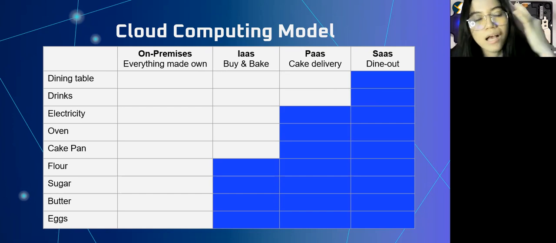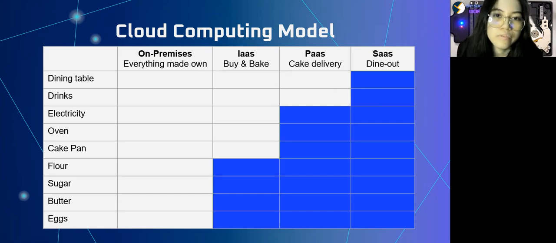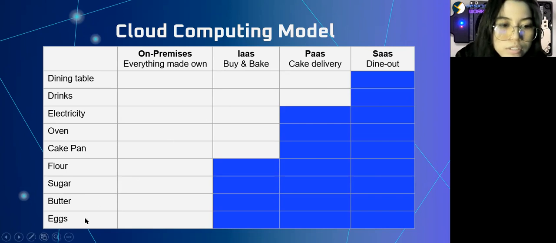So what would be the things that you need to eat or enjoy a cake? Basically, you need these ingredients: the eggs, butter, sugar, flour, and you need tools to create this.